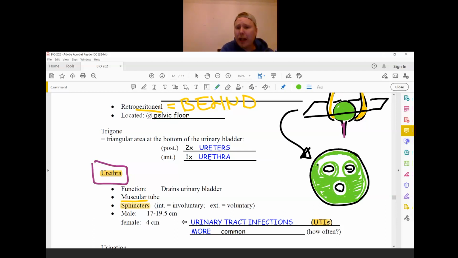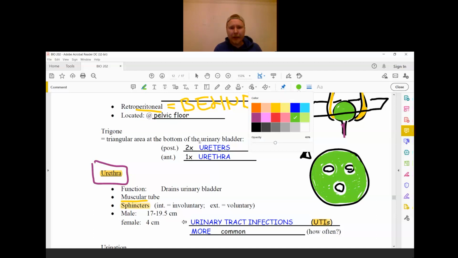It's a very useful anatomical landmark if you end up doing imaging, say ultrasound. The trigone is a useful landmark in that you know what you're seeing. So that's our urinary bladder, and the 3 openings that we see there.